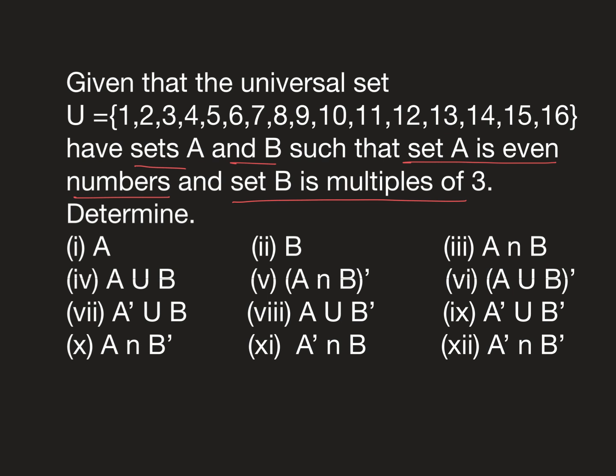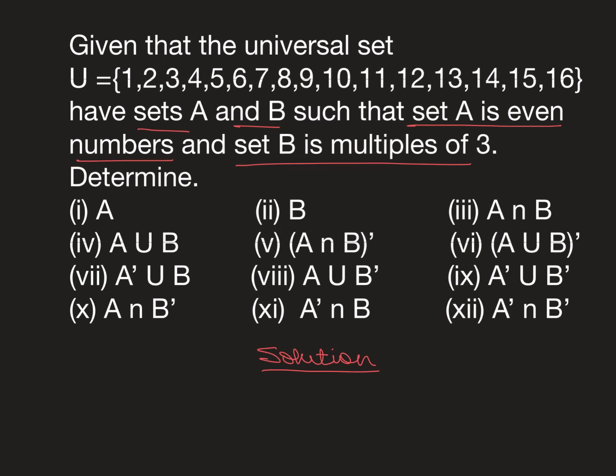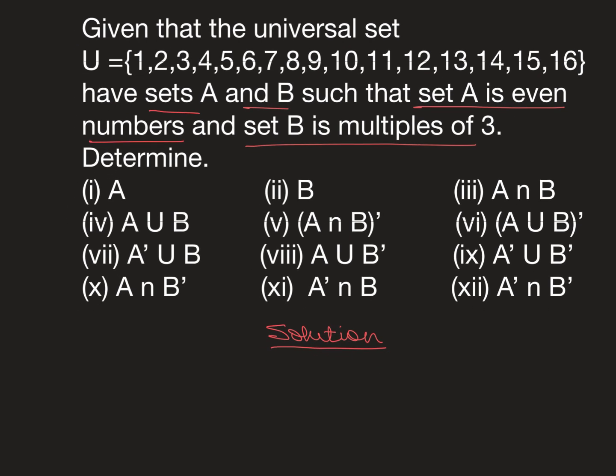So, solution: the first thing that we have to understand is we are given a universal set. And inside that universal set, we have set A, which is made up of even numbers. So what are even numbers?